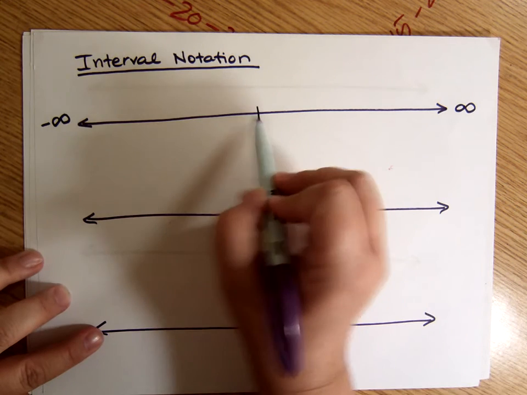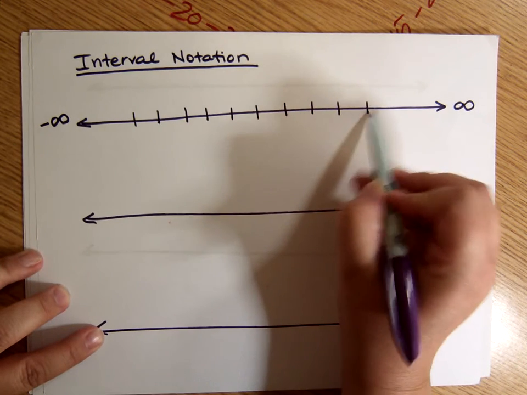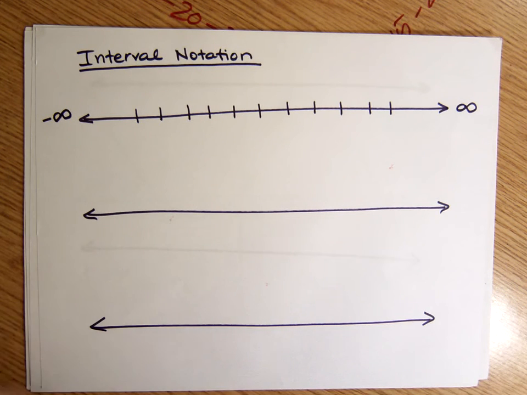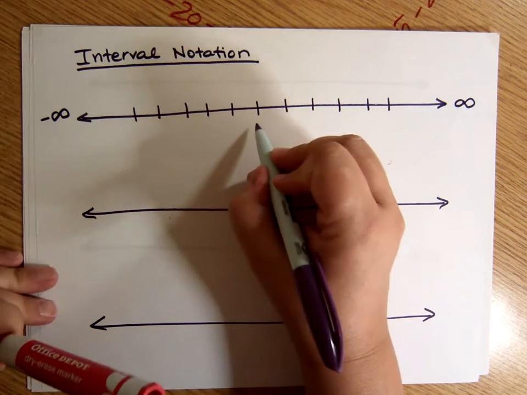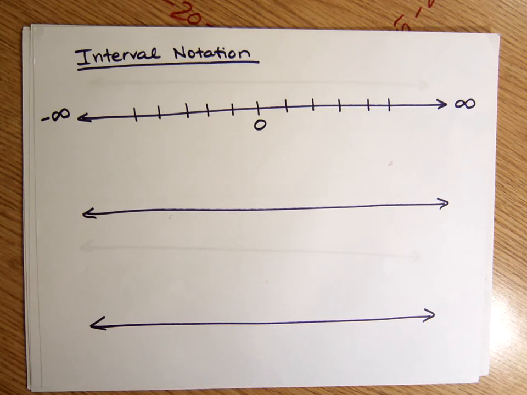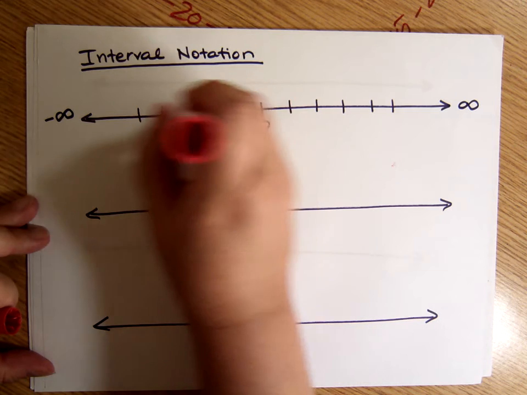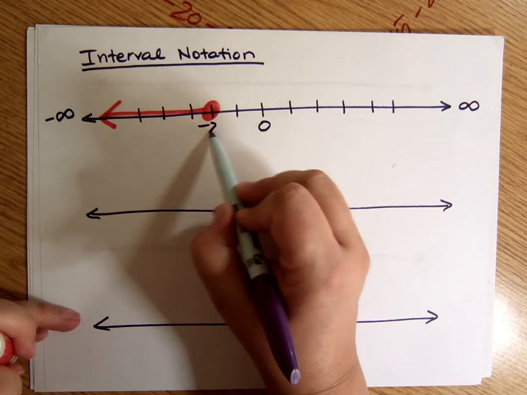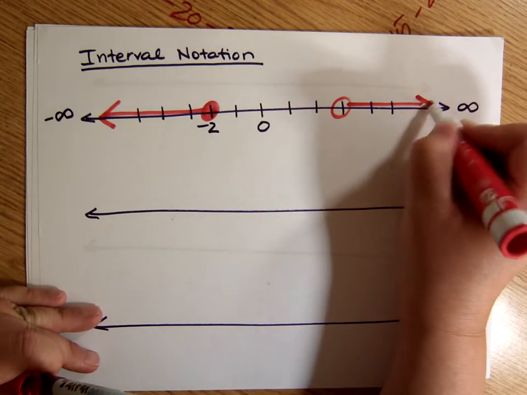So let's think about an inequality, which is how you originally first learned to represent a range of values. Let's say this is 0, and my graph is shaded this way from the point -2, and it's shaded to the right from +3.